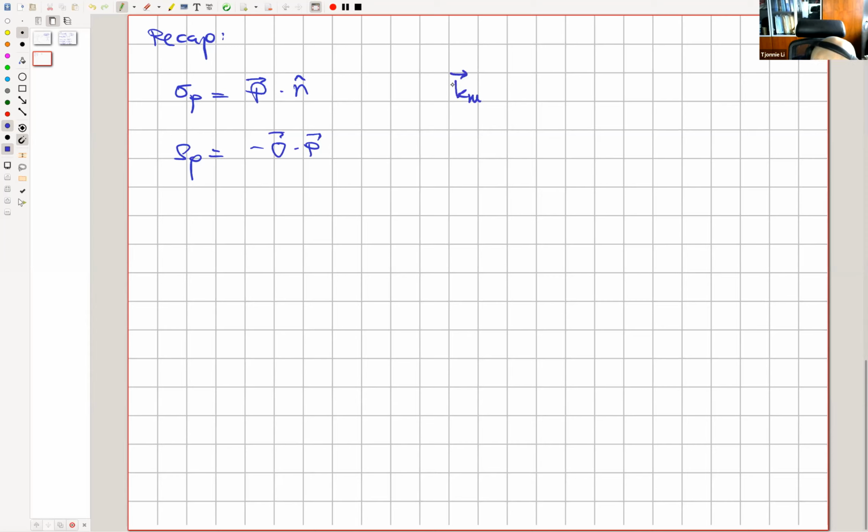And the surface current density from the magnetization is just M cross n hat, and then some current density, which is just the curl of M.